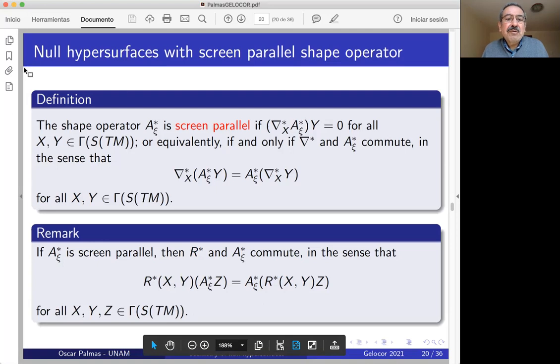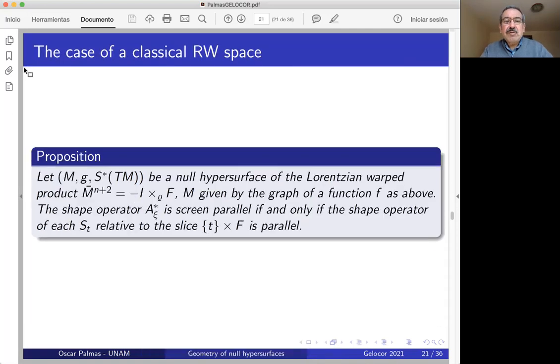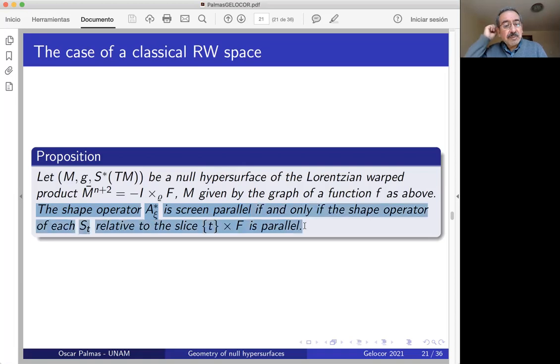So now let us illustrate what happens in the classical case of Robertson-Walker, and in this case, the shape operator is screen parallel in the sense above if and only if the shape operator of each leaf is parallel.